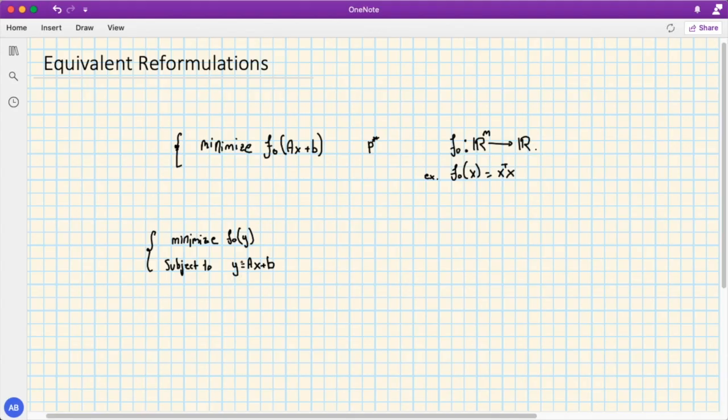However, over here, stuff might look different. So you might say, oh, okay, so p star, if you want to denote it over here, it is the min of f0, but on this feasible region, right? y equal Ax plus b.